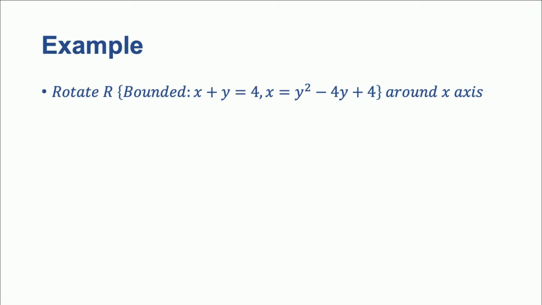So in terms of disk and shell, we're going to need to think about integrating over y, so we'll have y differentials as opposed to x differentials. We also need to consider that some of our functions here are not in explicit form. We need x isolated on one side so that we can easily solve for our zeros. So with that said, let's get started.